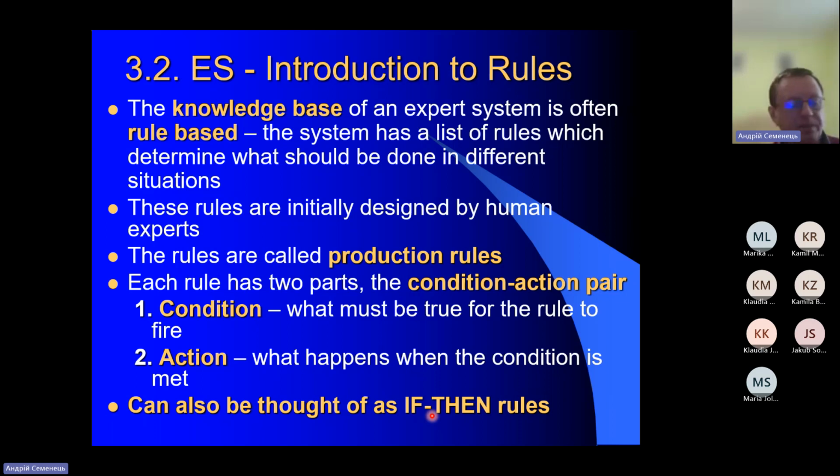Most of the time the term used is production rules, and each contains two parts, a condition-action pair. Condition: if something happens, then some specific action has to be done.